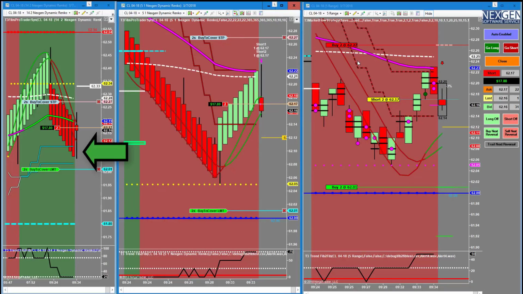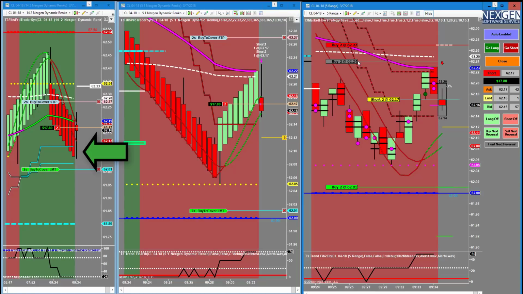So again, think about your stop placement. Do you want to really risk 10 ticks when you're trading into a trend trade long on your big chart? Right? So I'll leave it at 10 ticks just to show you.